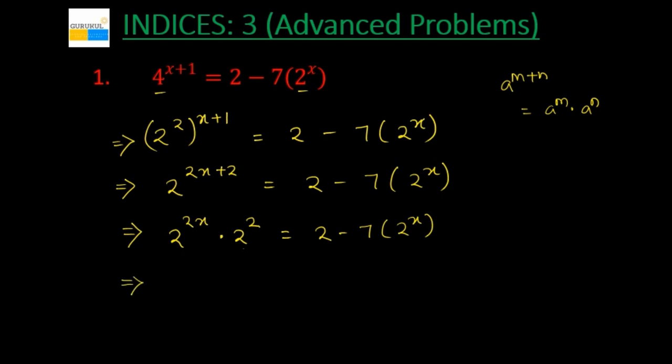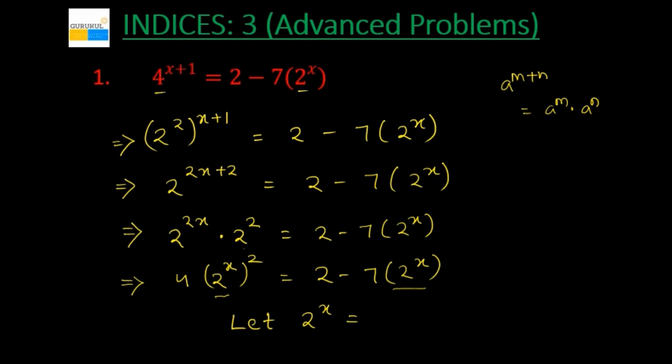Now 2 raised to the power 2 is 4, and 2 raised to the power 2x can be written as 2 raised to the power x whole square, equal to 2 minus 7 times 2 to the power x. Now over here we can substitute 2 to the power x as t. So we will say let 2 to the power x equal t.